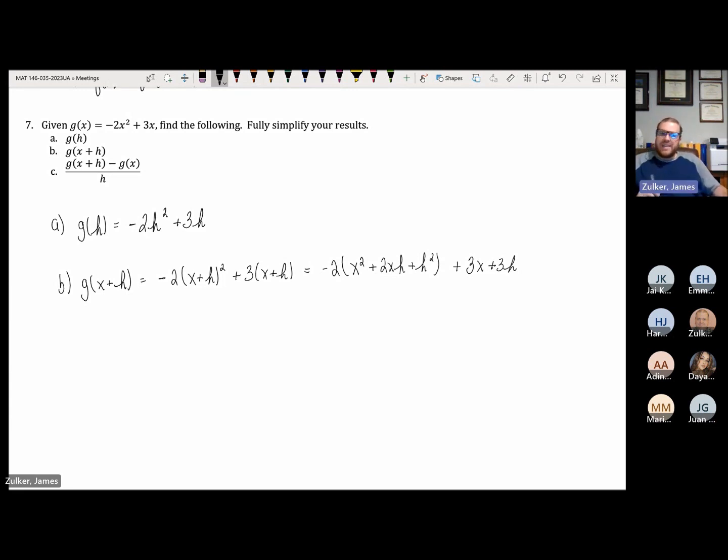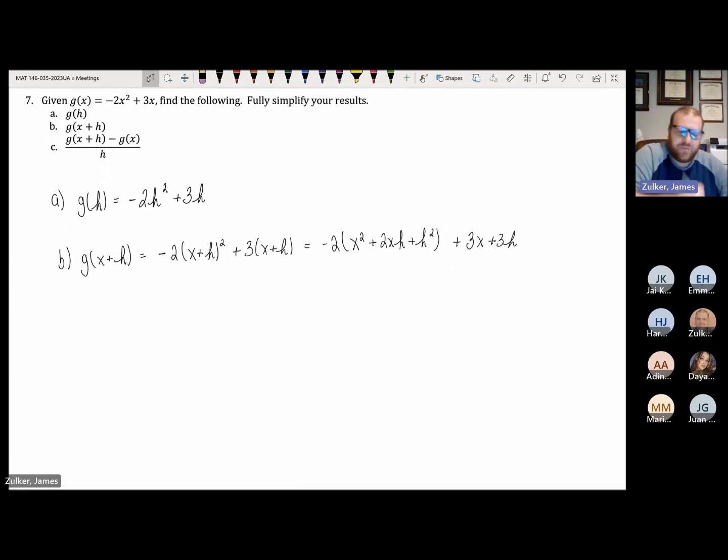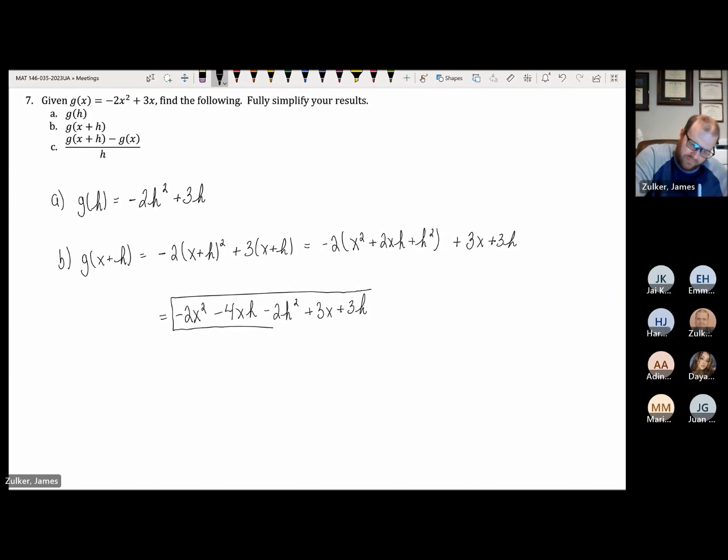So that becomes 3x plus 3h. Now distribute through that negative 2. And if there are no common terms, that is what we would leave for g of x plus h.